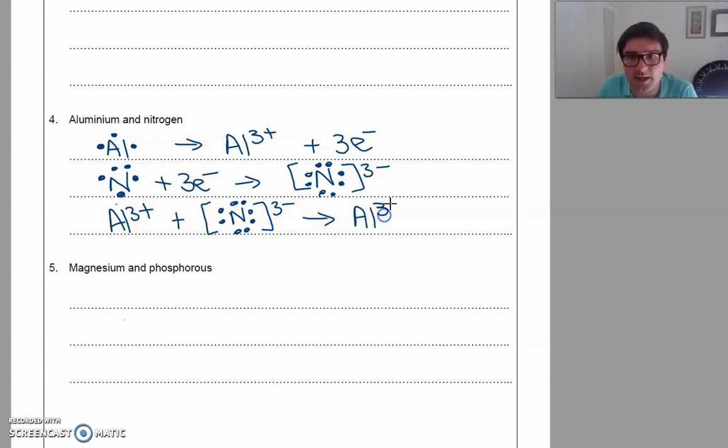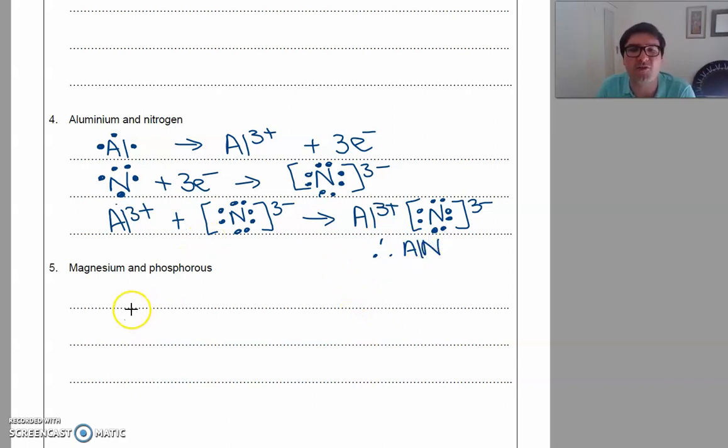Remember this is how I indicate the formation of the ionic bond, because it's the ions that attract one another with an electrostatic force, different charges. So my formula therefore is AlN.